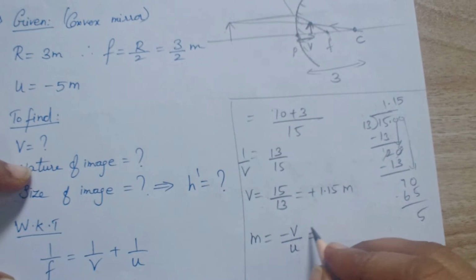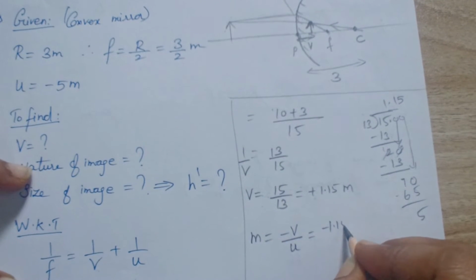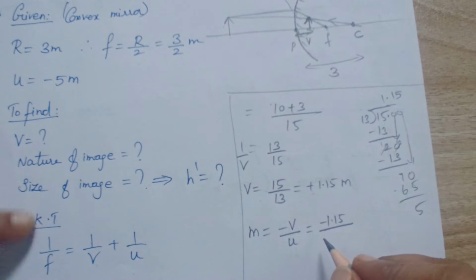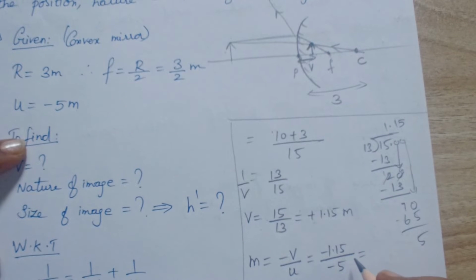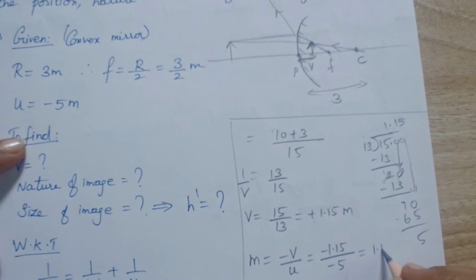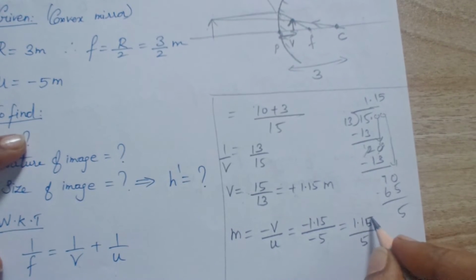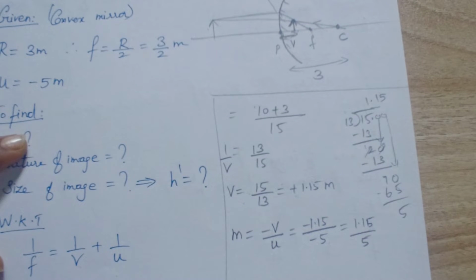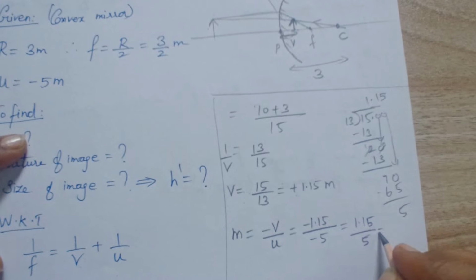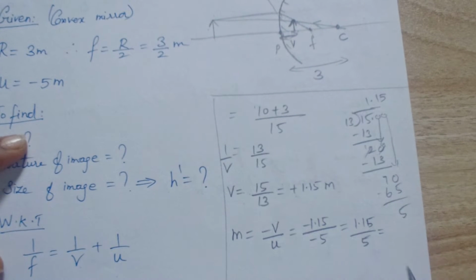That is minus 1.15 by minus 5, which equals 1.15 by 5. The numerator is smaller and the denominator is bigger, so m will be less than 1.